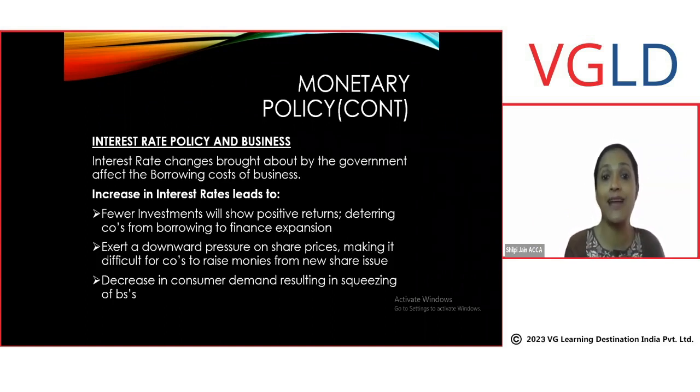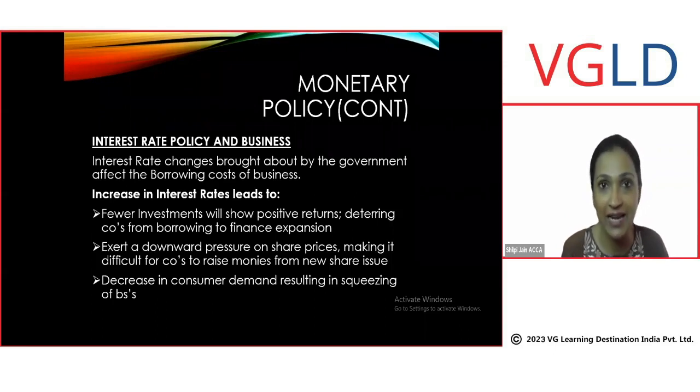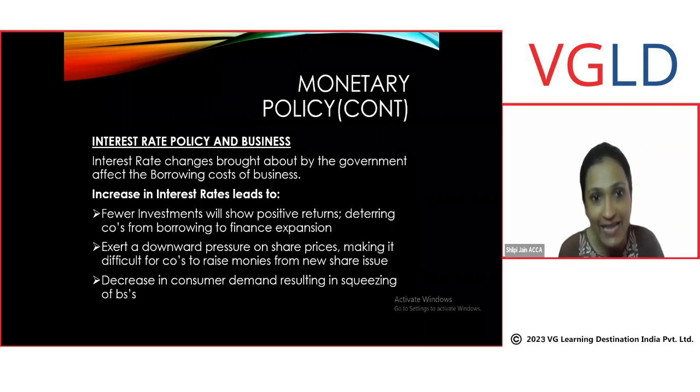Obviously, it's going to exert a downward pressure on the share price. Why? Because it is going to make it more difficult for the company to raise money via the issue of new shares, since the interest rates that need to be paid for borrowing this money have increased.